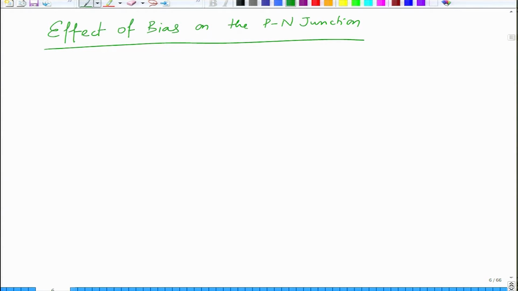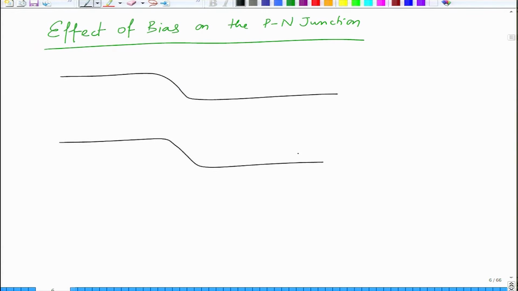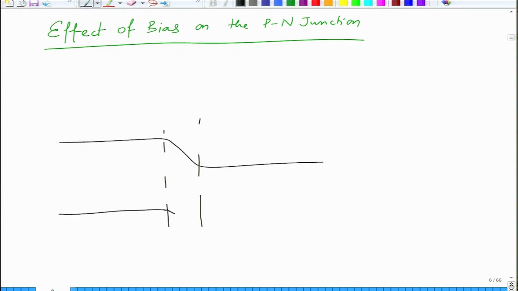So essentially what you do here is, if this is your PN junction, and we said that this is VBI. What do you mean by bias here?